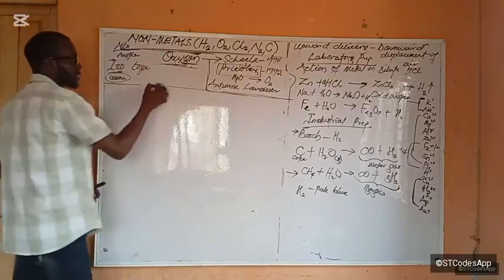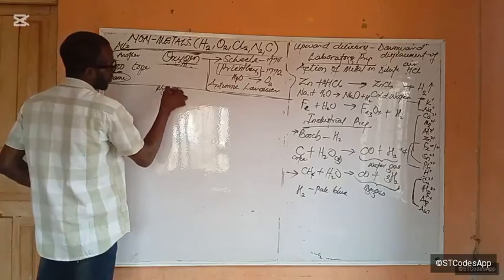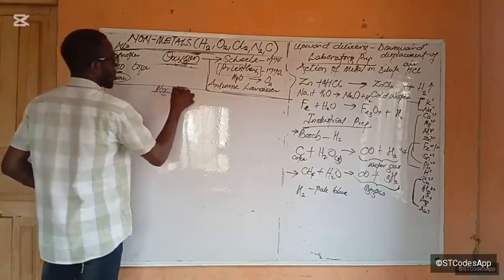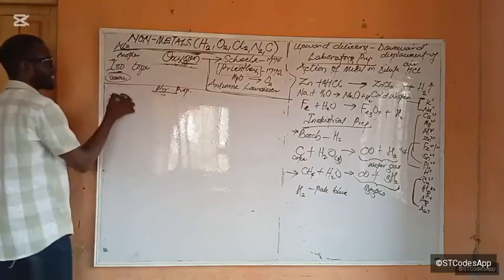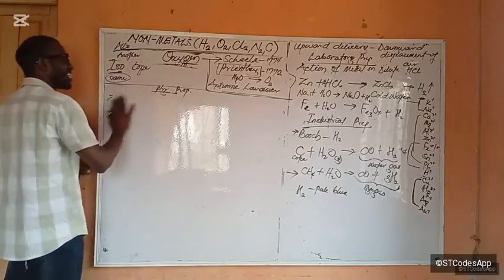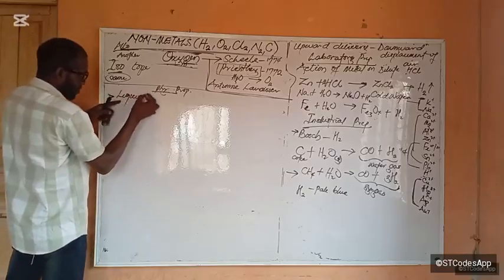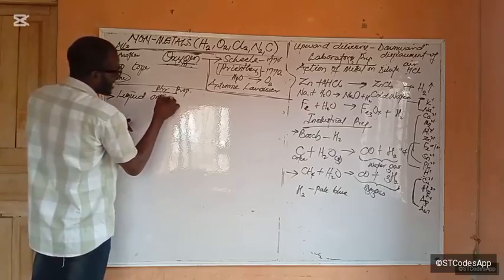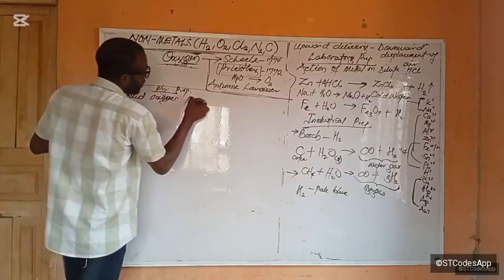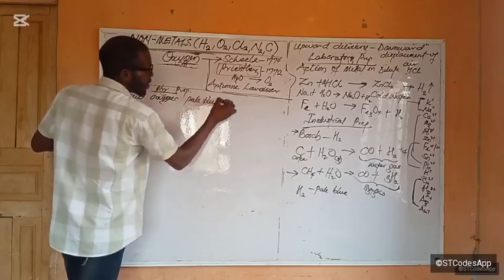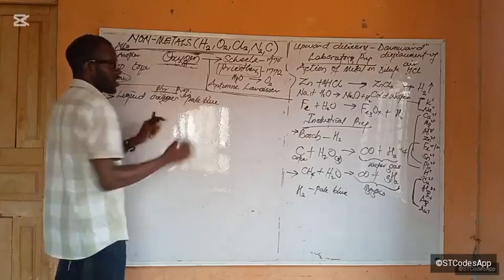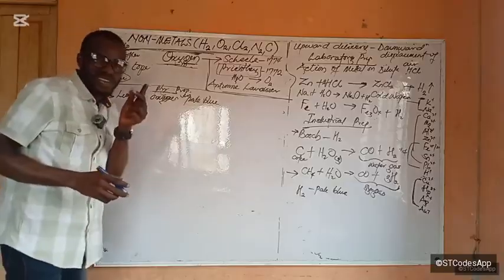All right, let's talk about the physical properties of oxygen. Number one is that it is colorless. It is not totally colorless, because liquid oxygen is actually very pale blue, almost colorless, but very pale blue.